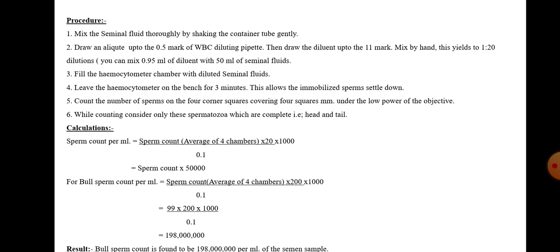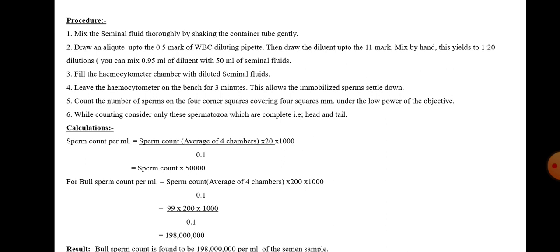I have given the reading also, so you have to write it down in the same manner. The average of 4 chambers of sperm count is about 99, into 200 into 1000 upon 0.1. So 200 is the dilution. This is the formula for bull sperm count per ml, that is 200 into 1000 upon 0.1.